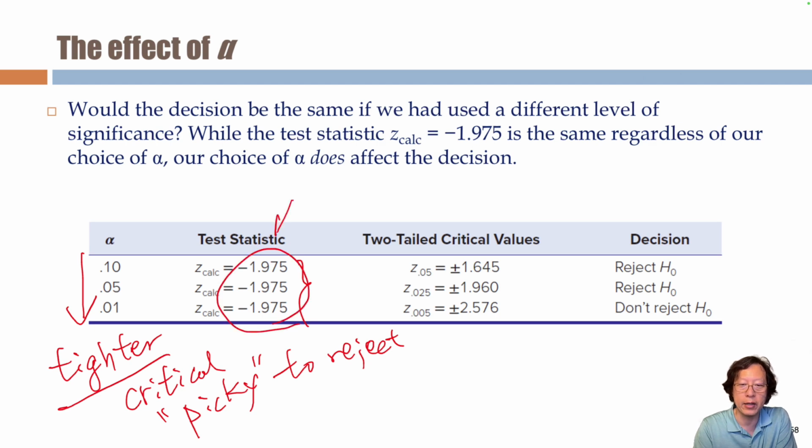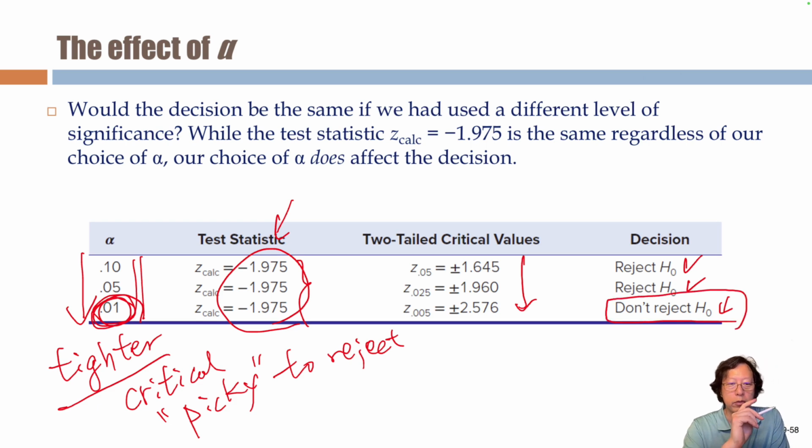This is my number, and the critical value depends on alpha. So if you make alpha smaller, more picky, you cannot reject here.